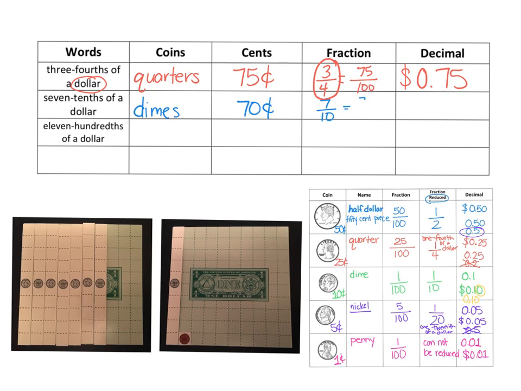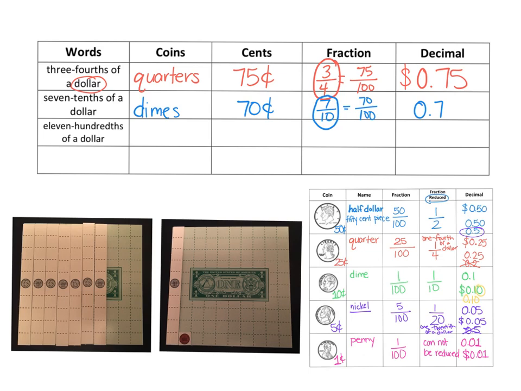Again, if you wrote 70/100ths, that is correct, but we're usually going to go with that reduced fraction. And our decimal will be 7/10ths. Or you could write 70/100ths with a 0. But because we like that reduced fraction, we're probably just going to have 7/10ths.